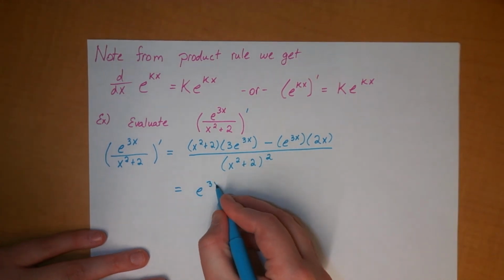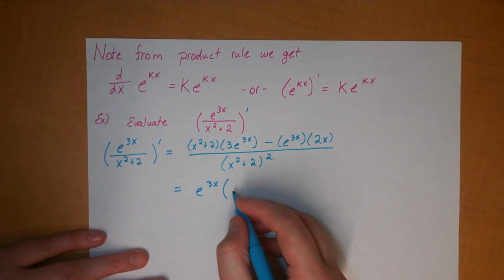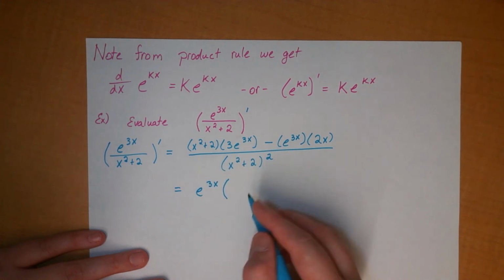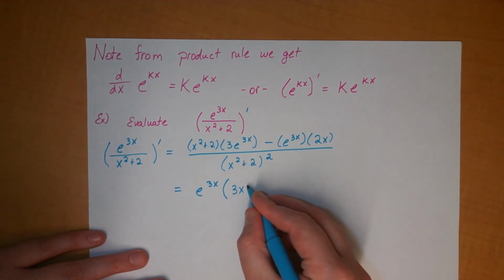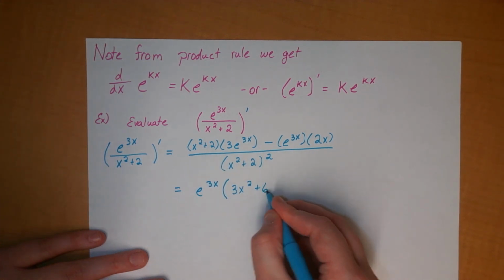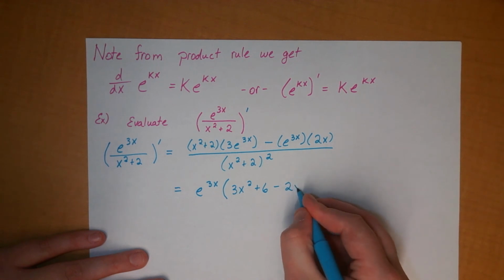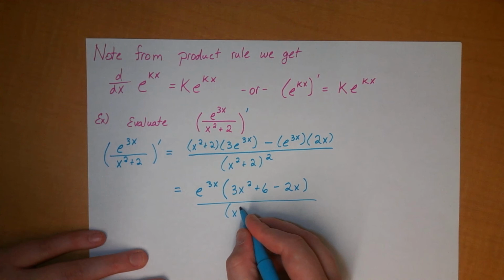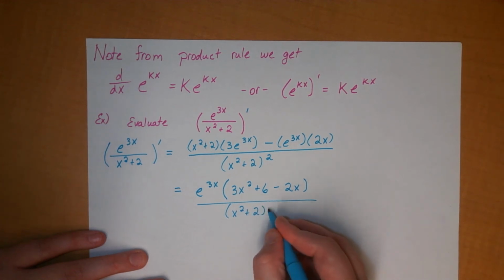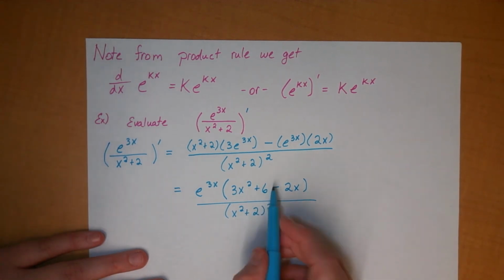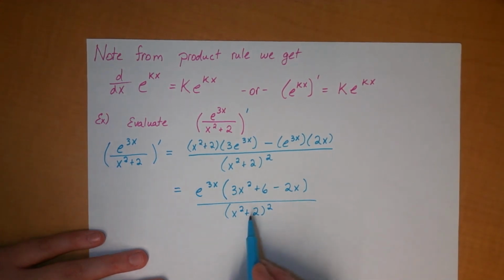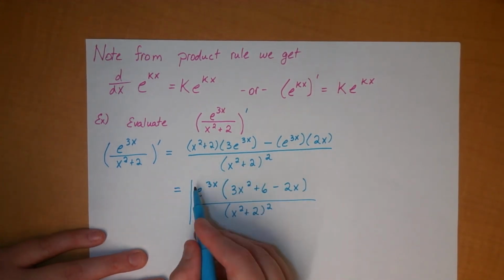E to the 3x times, I'm left over with a 3 here. If I distributed that, I would have 3x squared plus 6 minus 2x divided by x squared plus 2 squared. This actually doesn't factor, and I can't cancel this out with anything down here, so we would be left with this as our final answer.